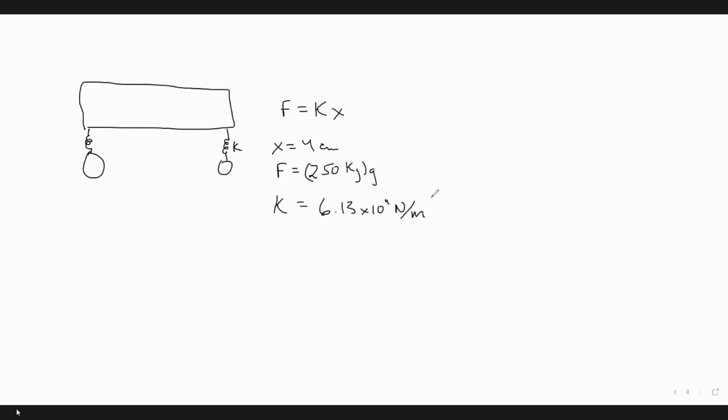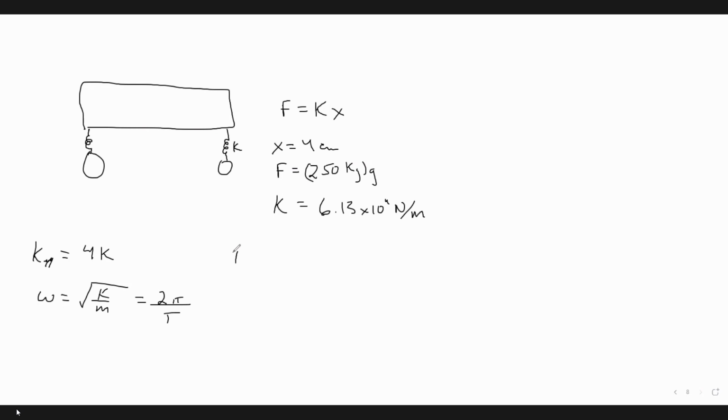Okay, so we have 4 of these k's in parallel, right? That means that the k effective is 4k. And we know omega is equal to the square root of k over m, which equals 2 pi over the period.